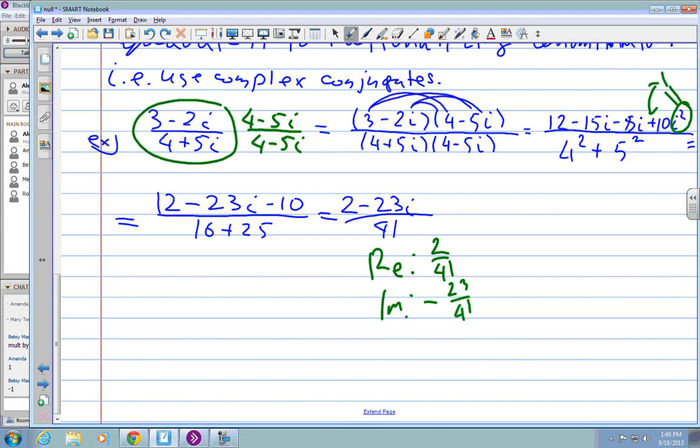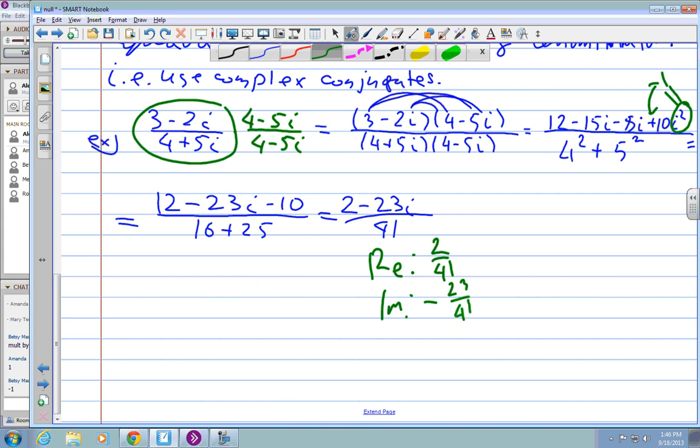There are patterns, there are ways to just tell, but it's not obvious at all, right? But that's how you do that. That's how you divide complex numbers. You turn the denominator into a real number by use of the complex conjugates. Is that okay? Yeah, you'll practice. Okay, good.